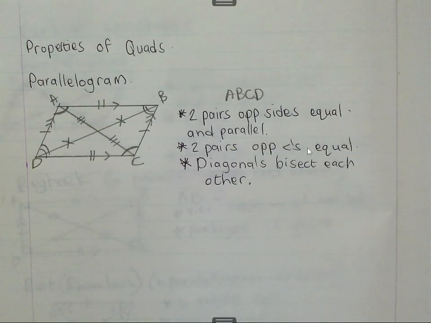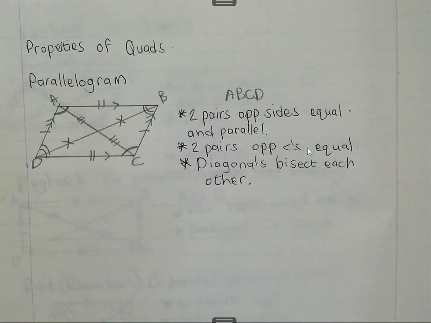All of them. Now, what this means is if the diagonal AC is being cut in half by BD, it means that that is the midpoint of AC.